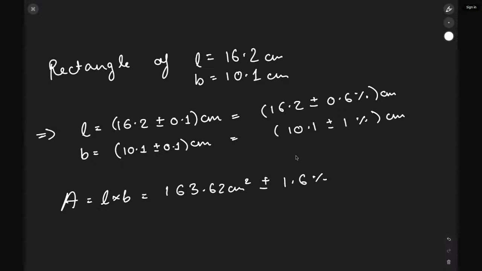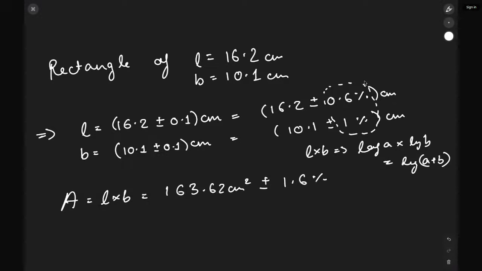What will happen is you will do L into B. So if you multiply A times B, log A times B is written as log A plus log B. So always make sure that you note that the errors will always be treated as logs. Since you multiplied length into breadth, 0.6 and 1, these both will be added up together. So the net error that you got in the area was 1.6 percent.